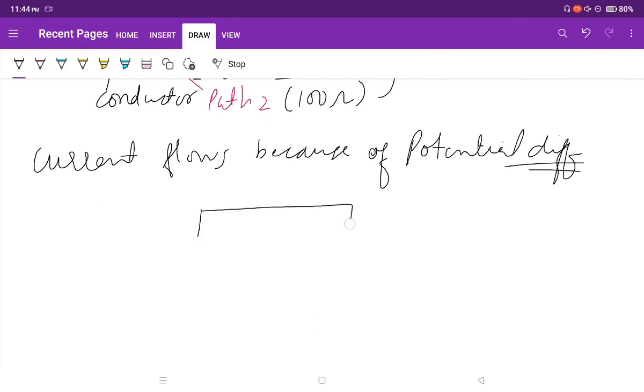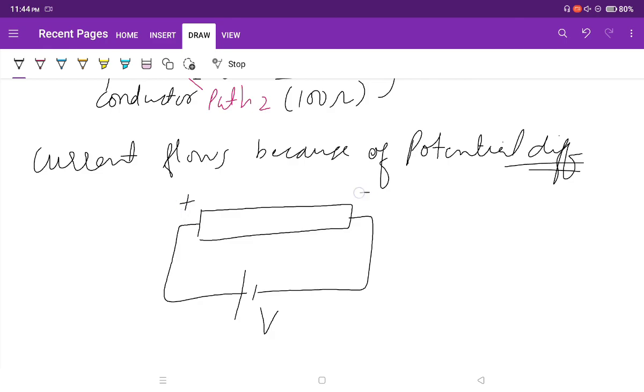Suppose I apply some potential difference V across this conductor. One end gets positively charged, the other negatively charged, and an electric field is set up. In this electric field, the electrons or charges move and current flows.